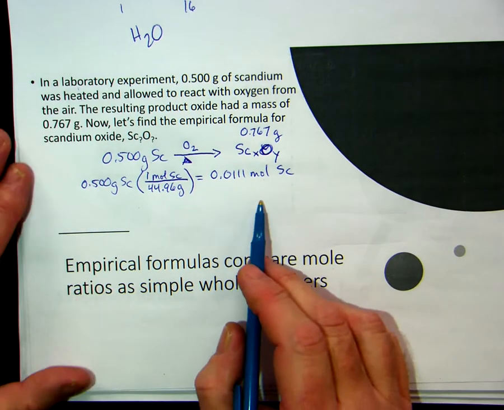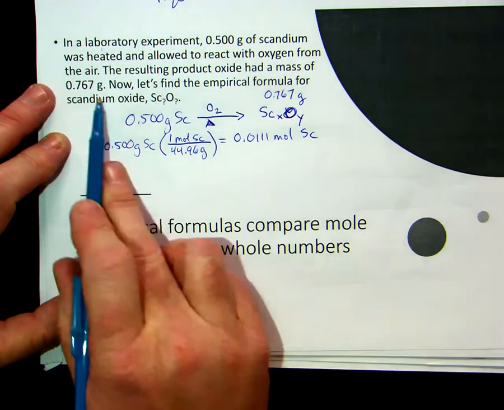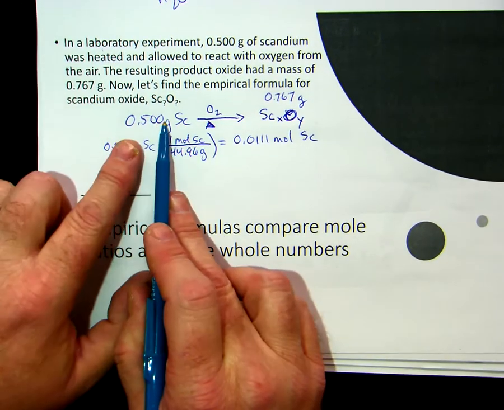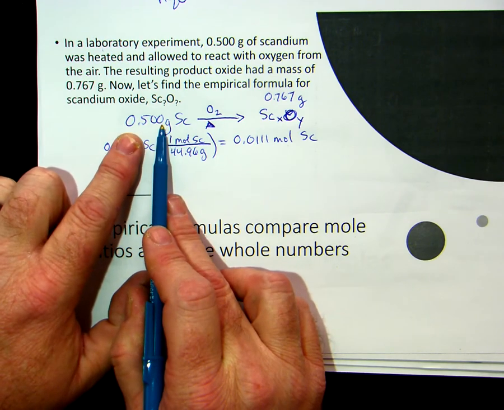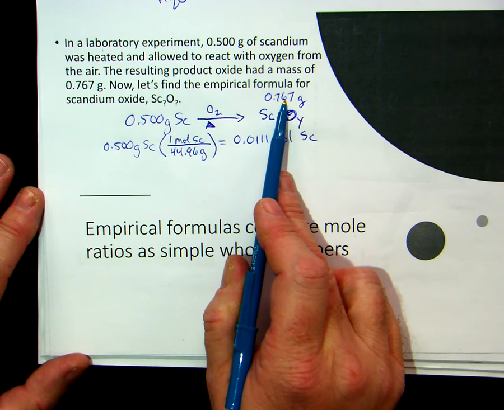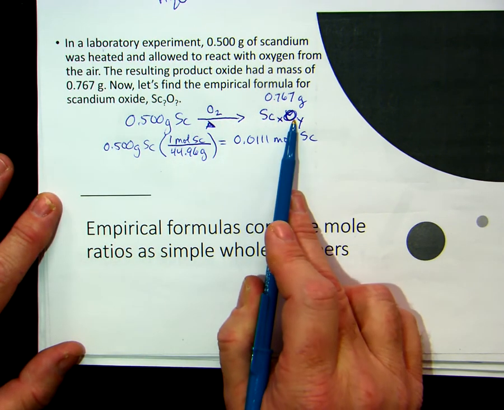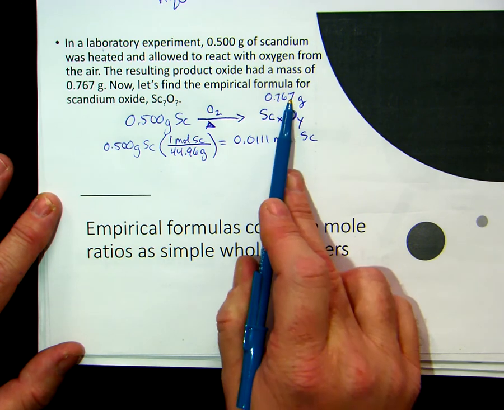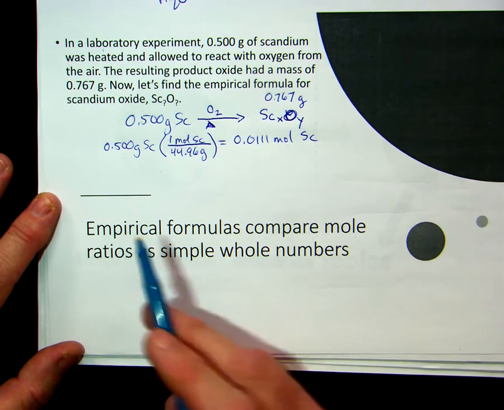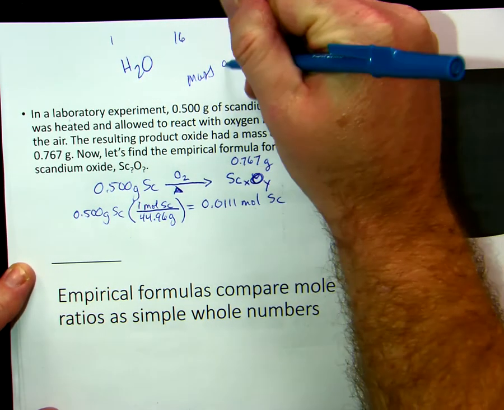What I need is the quantity of oxygen, or the moles of oxygen. So I need to know the grams of oxygen that I have. Well, I didn't add it myself. I just allowed the scandium to burn in air, and I can see what the final mass is when it added oxygen. So it went from scandium to scandium with some number of oxygen on it, and it gained a little mass. So the mass it gained was oxygen.